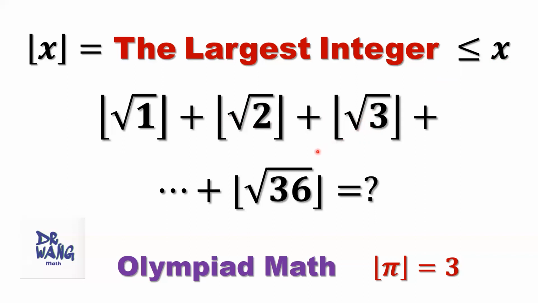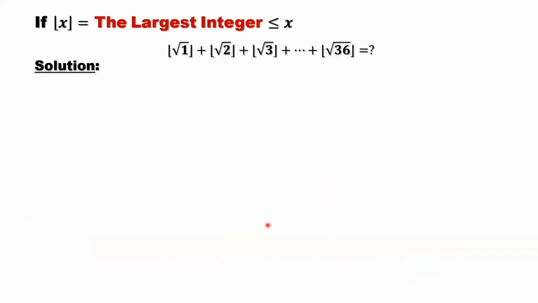So now how to find the sum up until the floor function of square root of 36, which is 6. The whole thing, that's 6. So here, how to calculate the sum?